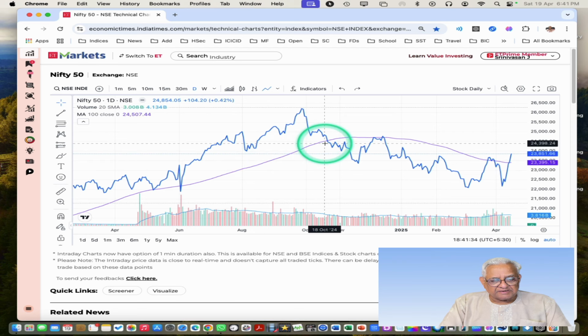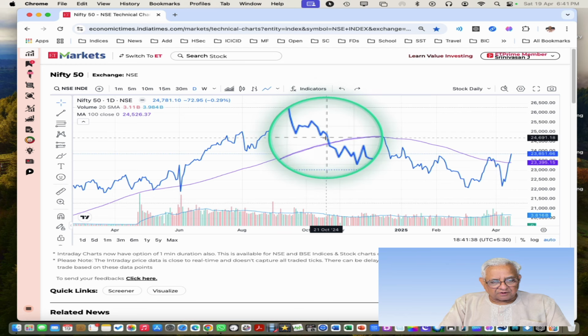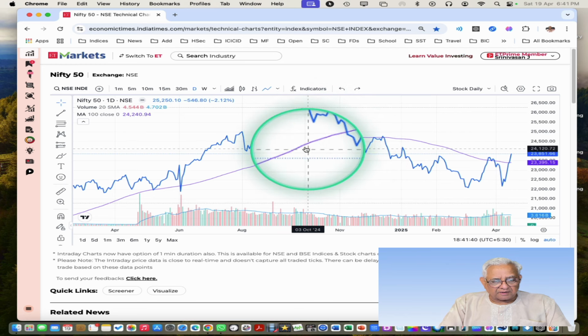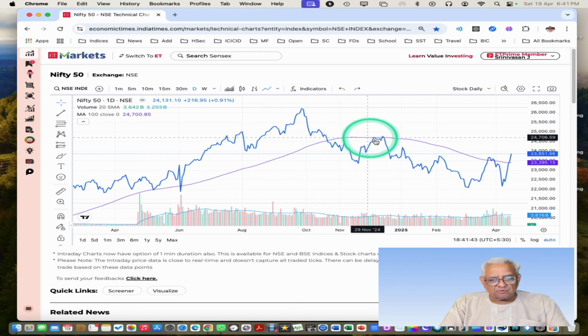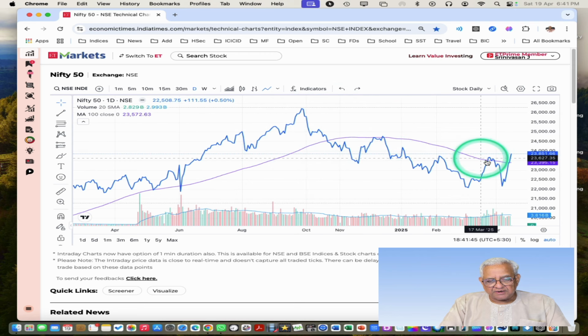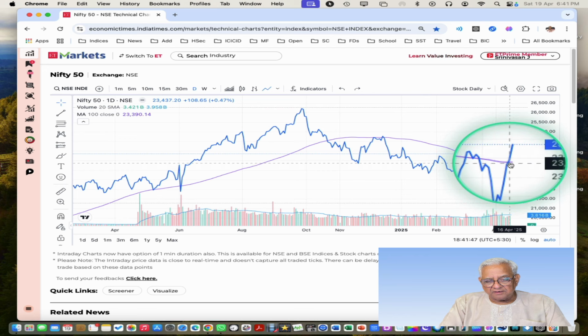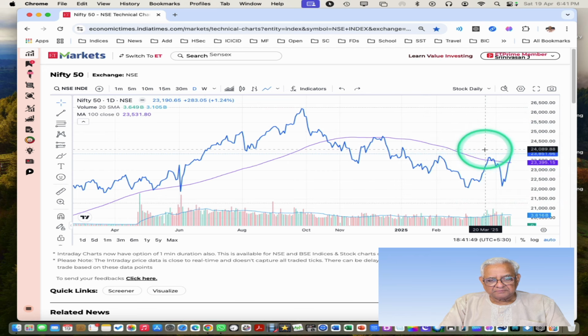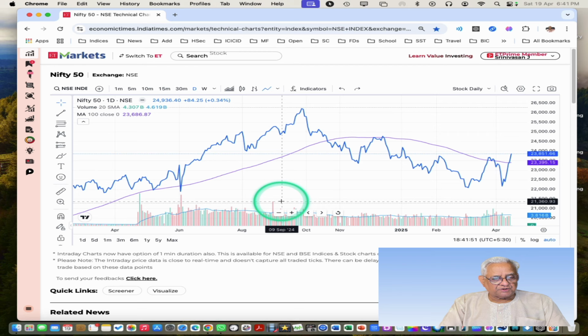Similarly, the sell signal is whenever the price chart crosses downwards and cuts across the 100 day moving average. So here is another buy signal. So much I hope you have understood.